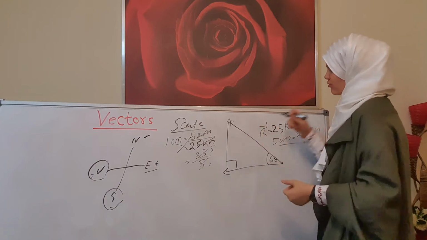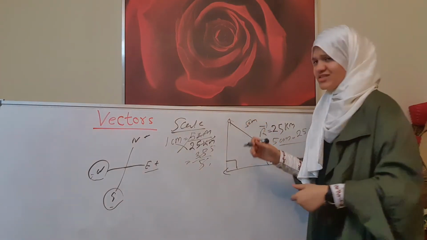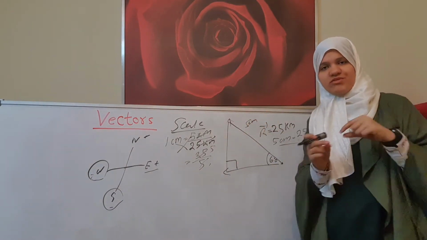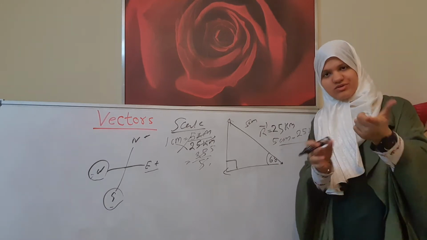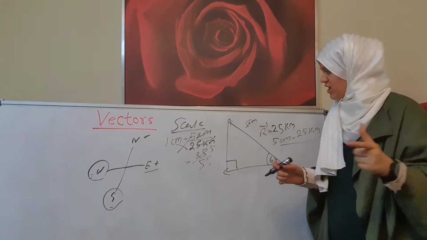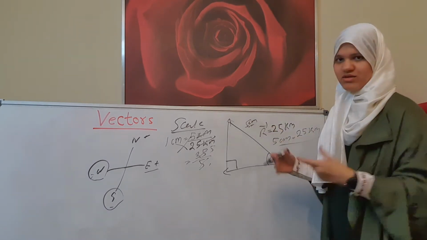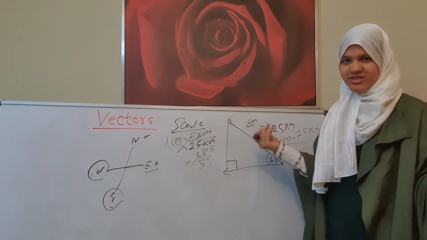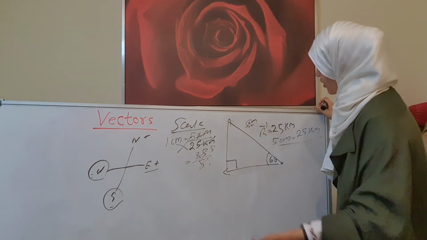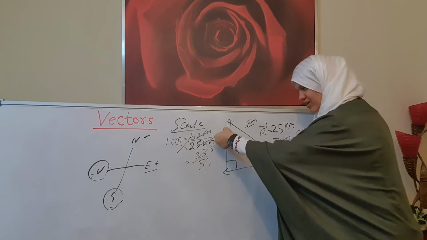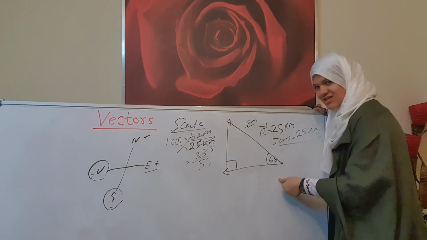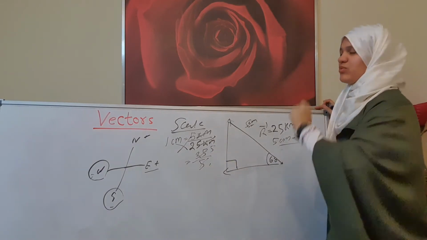That means we'll put here 5 centimeter. I think you can draw 5 centimeter by the scale in your notebook or on the paper. It's okay. Do you agree with me? Now we want to find here the vertical and the horizontal component. That means x and y.